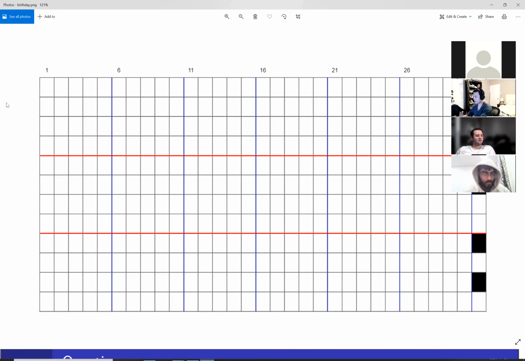On the left-hand side, I'm going to annotate. These are the months, so the first row is January, then February, March, April, May, June, July, August, September, October, November, December. And then you have the days like this, right?